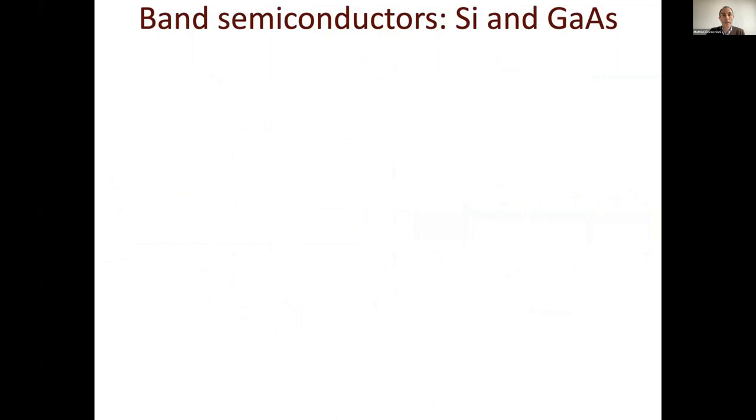Now, let me discuss band semiconductors. This might seem an unusual thing to do. Actually, there were some questions yesterday I saw on Slack about this. Why should one want to use Hubbard correction on silicon and gallium arsenide, which are not notably correlated materials or strongly localized materials?